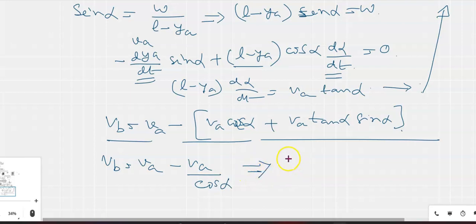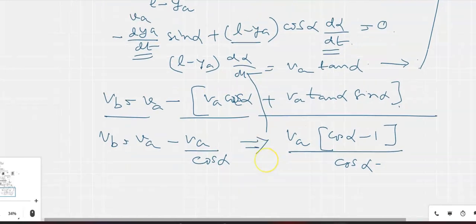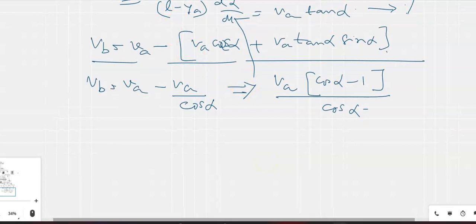This will go, we have va into cos alpha minus 1 by cos alpha. So we can write this cos alpha, we can write this. Sorry, let me.